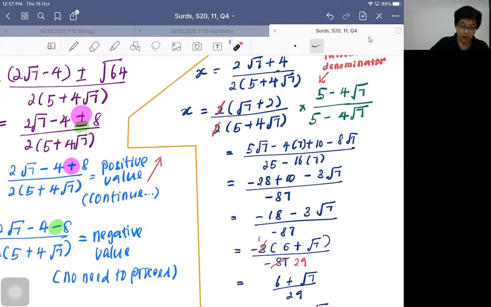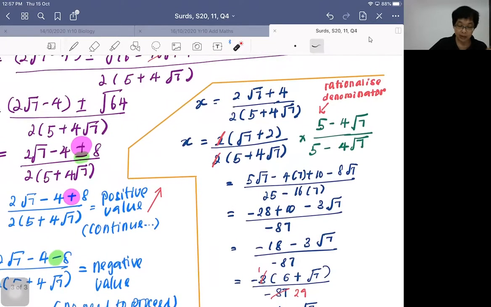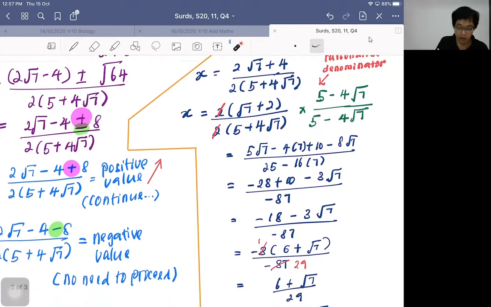And as our usual understanding, we do not leave an irrational denominator, and that's why we proceed to rationalize the denominator. As you learned in class, you just multiply by the same expression with the opposite sign.